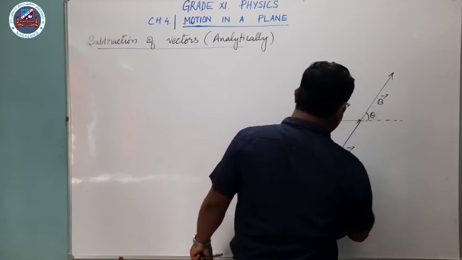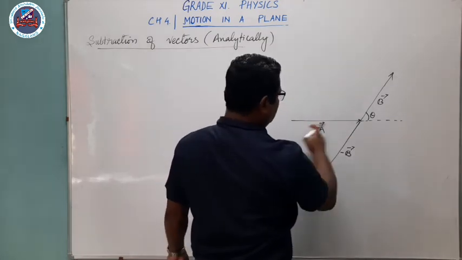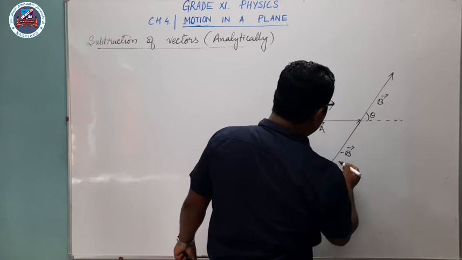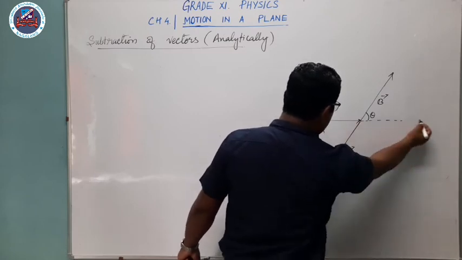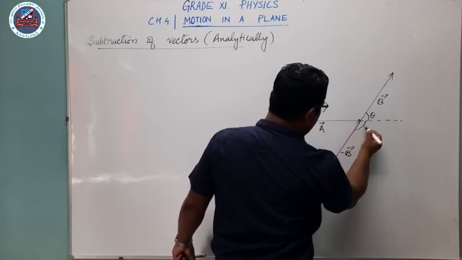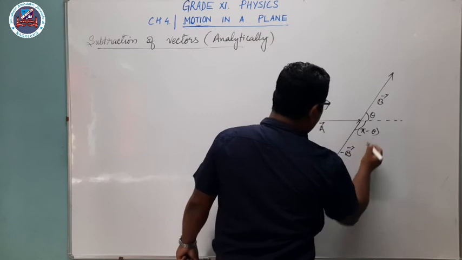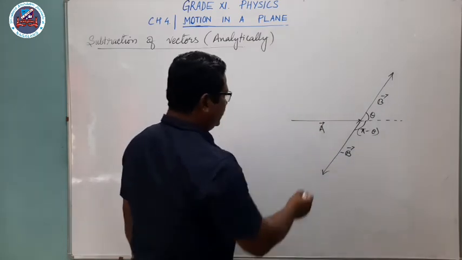So in this case, vector minus B is pointing in this direction, and the angle between them will be 180 minus theta, or pi minus theta, where pi value is 180 degrees. This is the angle between these two.